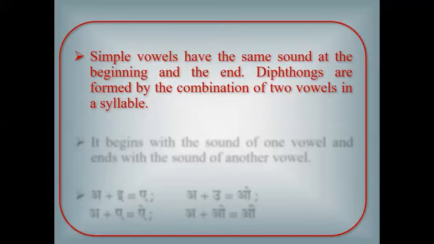A and Ha are different. Ha is a consonant we are going to see later. That is also produced from the throat only, but there is a difference.